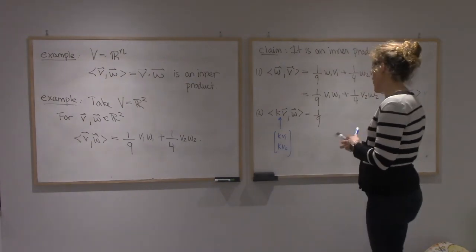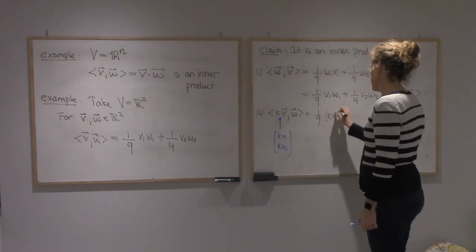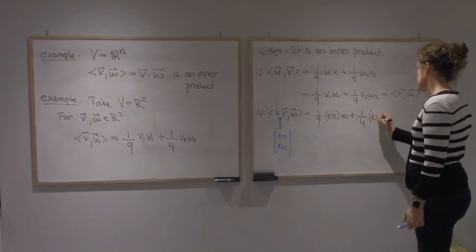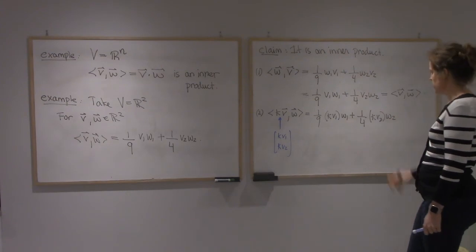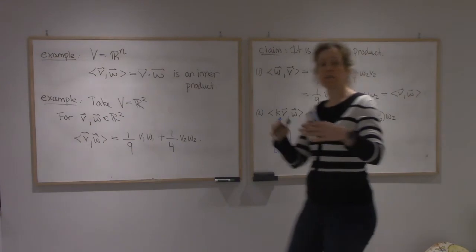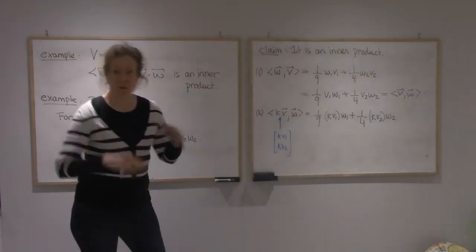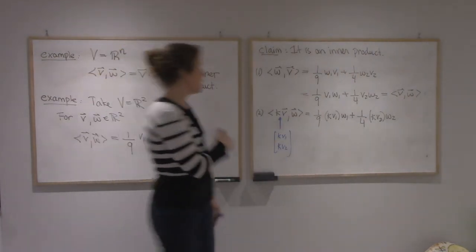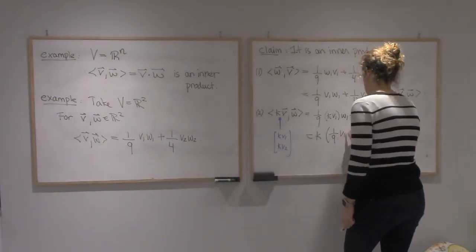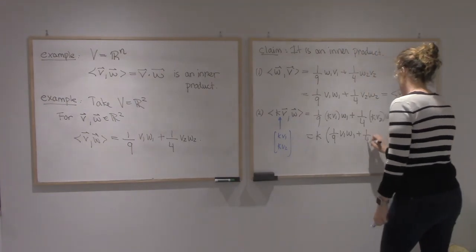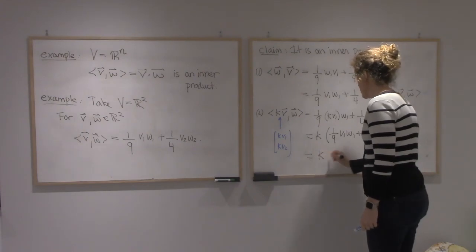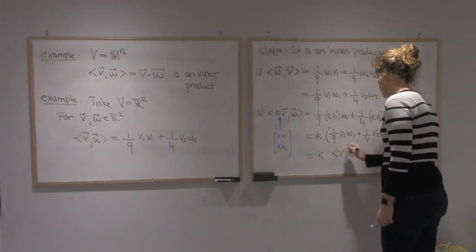So I'm going to get 1/9 KV1 W1 plus 1/4 KV2 W2. Again, K, V1, V2, W1 are all real numbers, so I can just factor K out of everything. And so I do get K times VW.